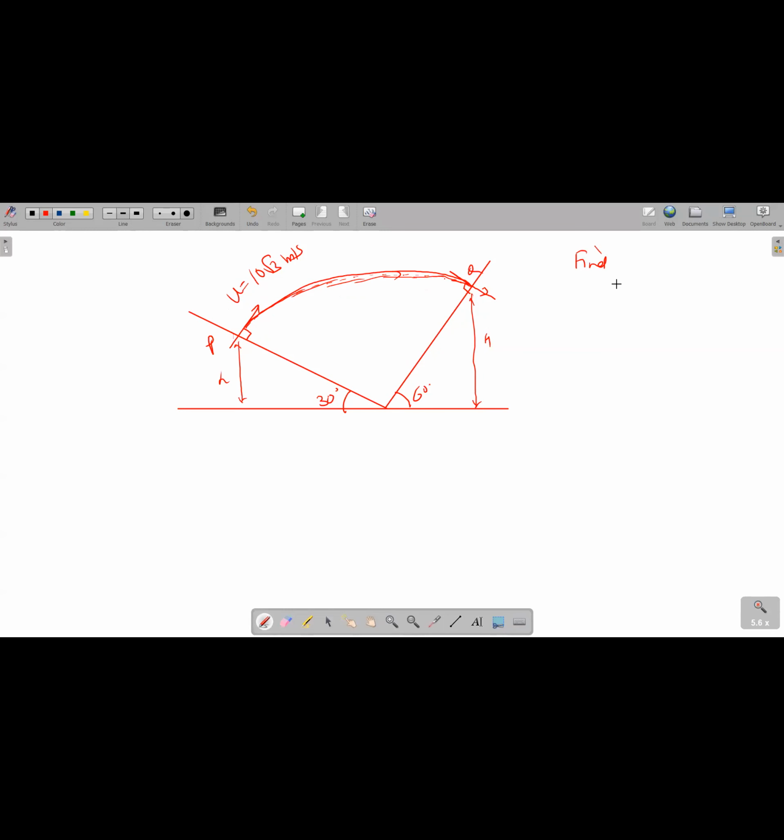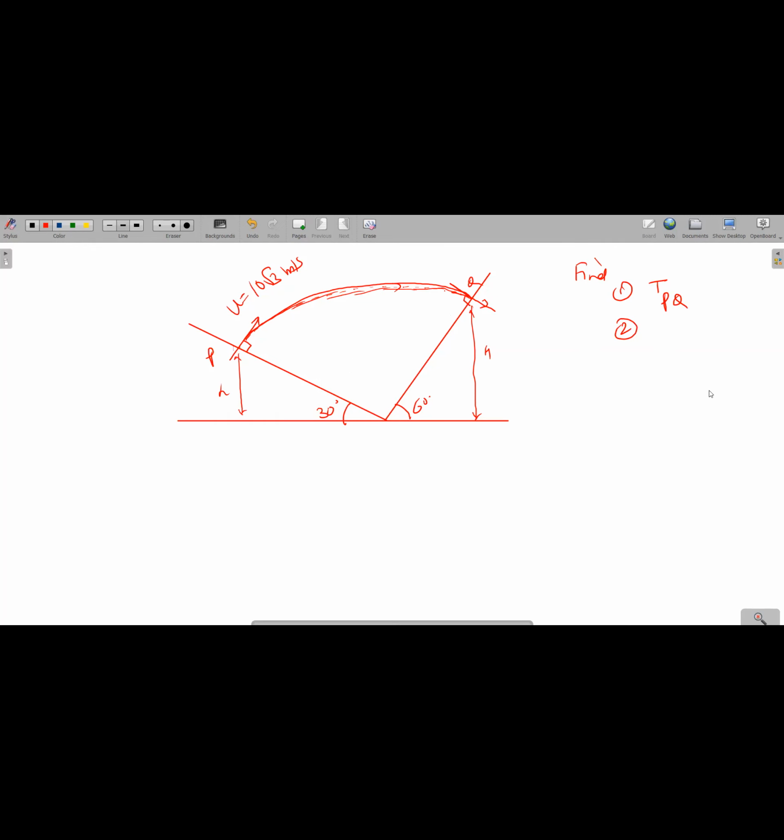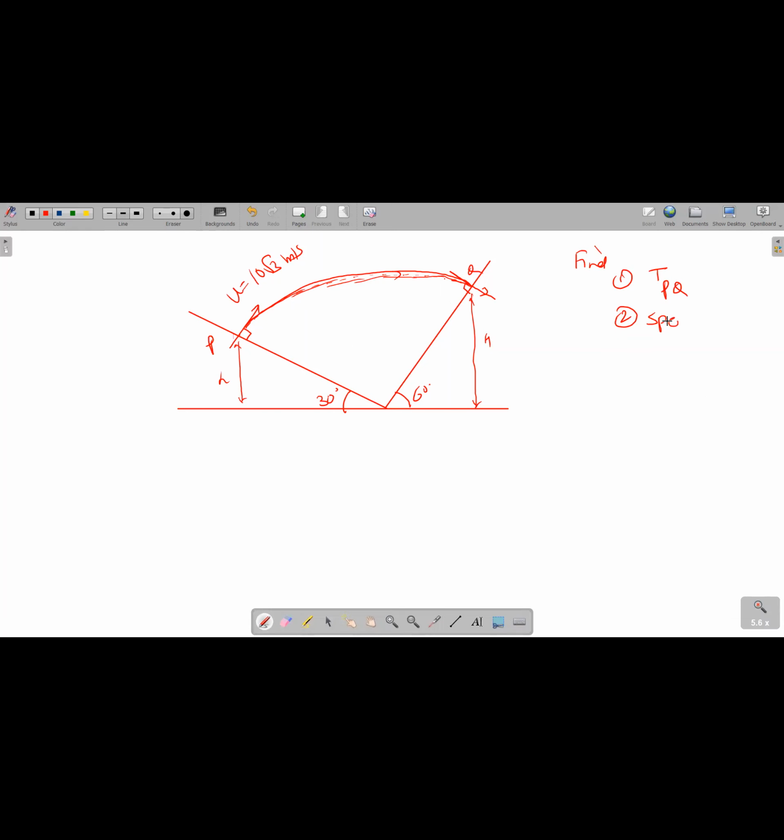Question is, find first the time of flight. Time of flight means from P to Q. Second is the speed with which the ball strikes at point Q. Third is the height of point P and point Q from the ground.